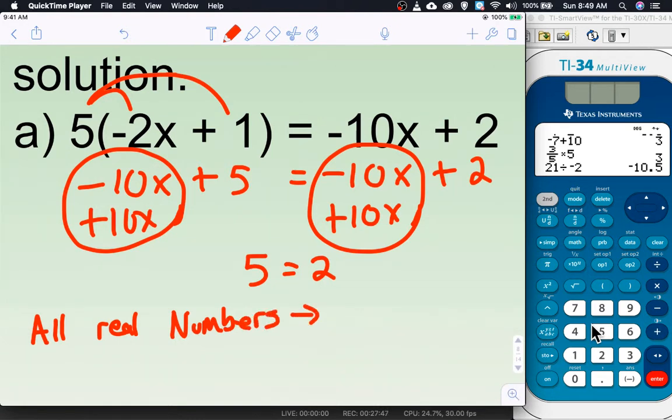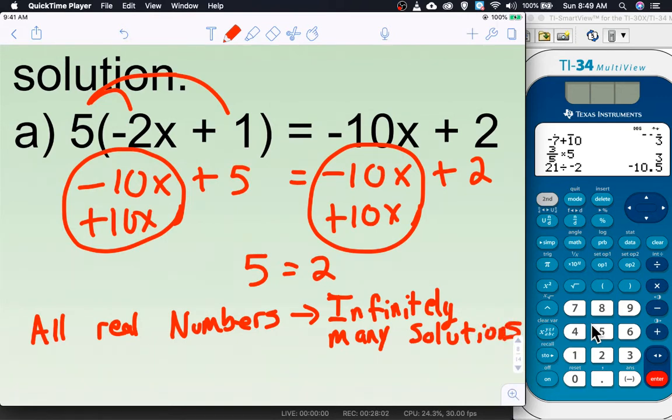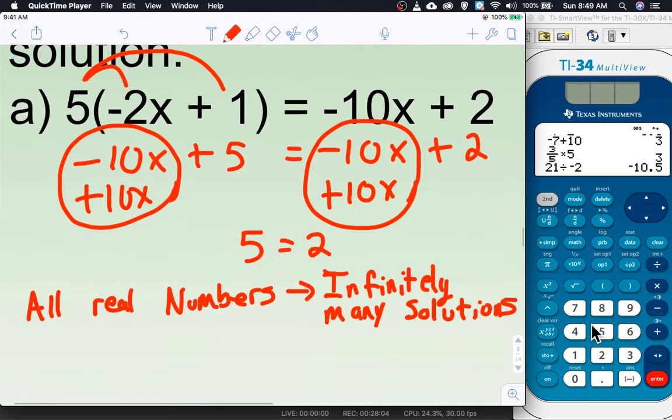Sometimes you'll also hear people say this has infinitely many solutions. These two phrases are sort of interchangeable, but they have slightly different meanings. So that's one possibility. The other possibility is no solution.